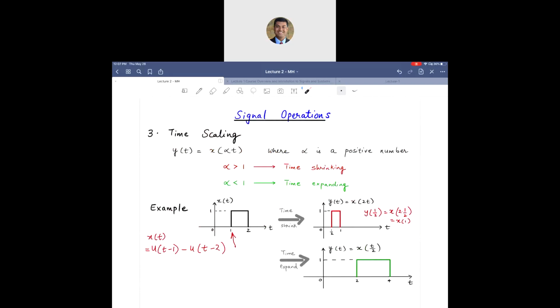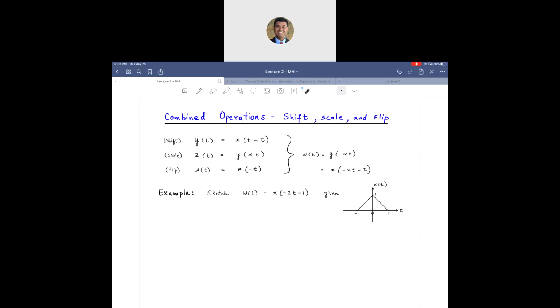Now we can put all of these three operations together and come up with a full set of signal operation sequence. So when you do the combined operations of time shifting, time scaling, and time flipping, the recommended sequence is this: do the time shifting first, do the time scaling next, and do the time flipping last.